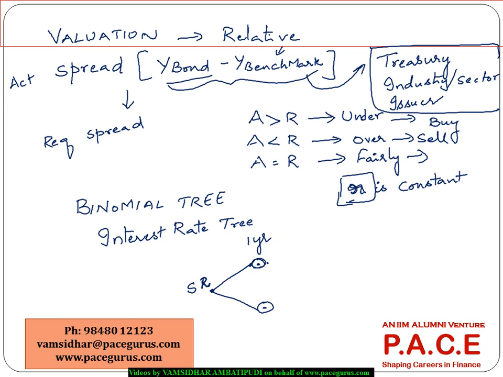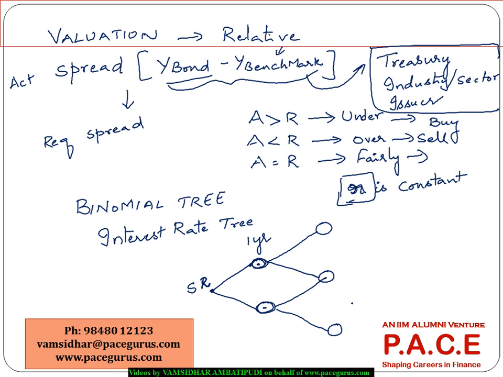Similarly, if the spot rate comes here after 1 year, then after 2 years the spot rate can touch either this or this with some probabilities. Similarly, if after 1 year the spot rate had come here, probably the spot rate can go to.